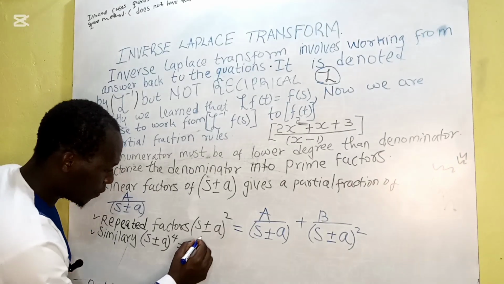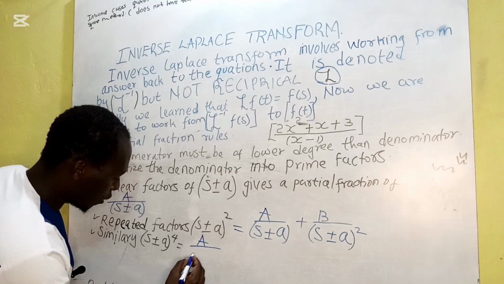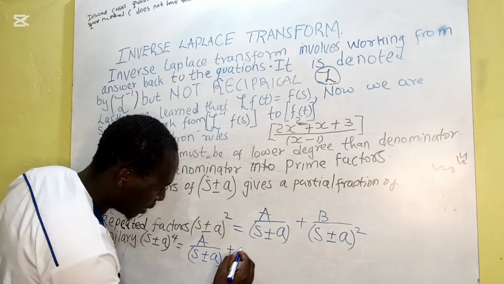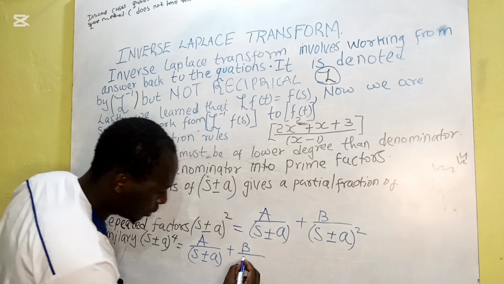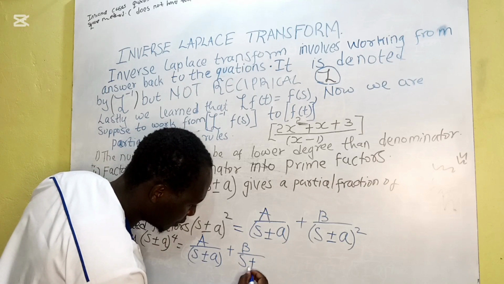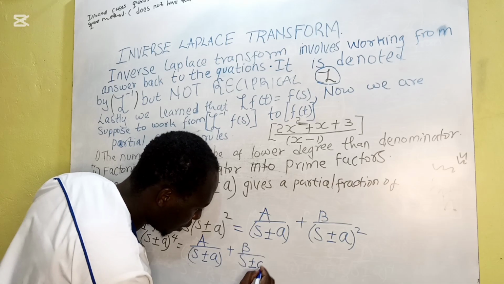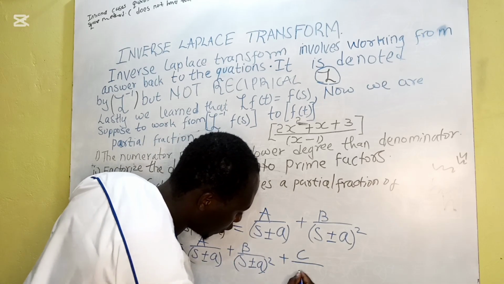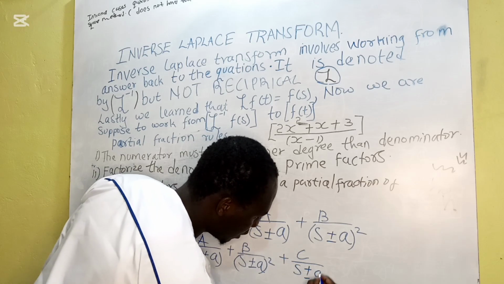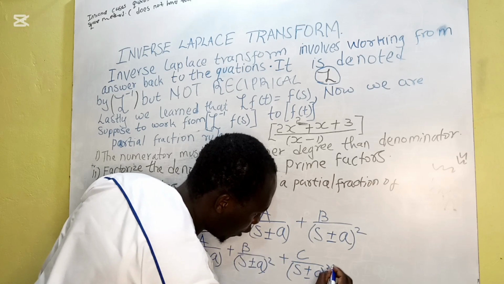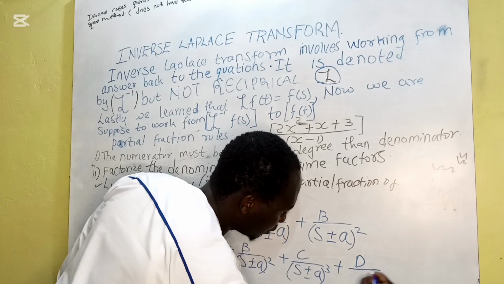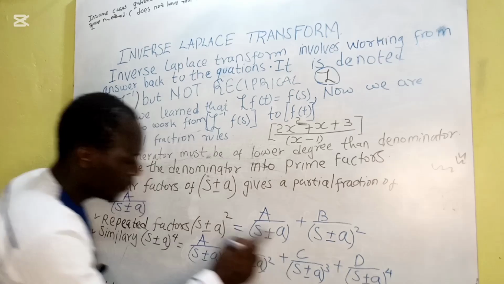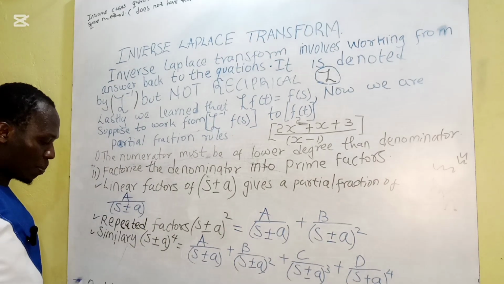When it is to a power of 4, we are going to have a all over s we add or subtract a, we come and add b all over s we add or subtract a, this one is going to be squared, we come and add c all over s we add or subtract a to a power of 3. When it comes to d, we are going to have s we add or subtract a to a power of 4, because here it is to a power of 4.